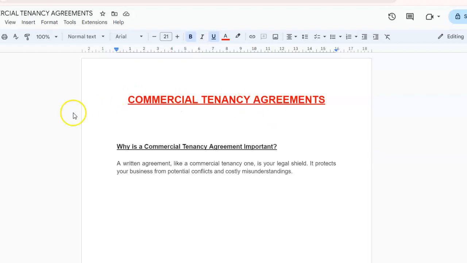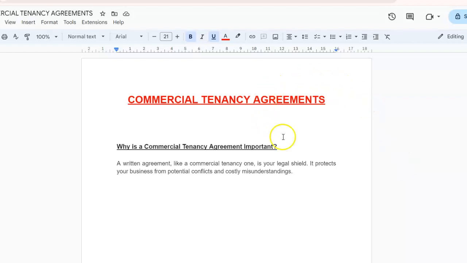So first things first, why is a commercial tenancy agreement important? Now you might be thinking, isn't a verbal agreement enough? Well, let me tell you, it's a recipe for disaster. Verbal agreements are easily forgotten, misinterpreted and unenforceable.